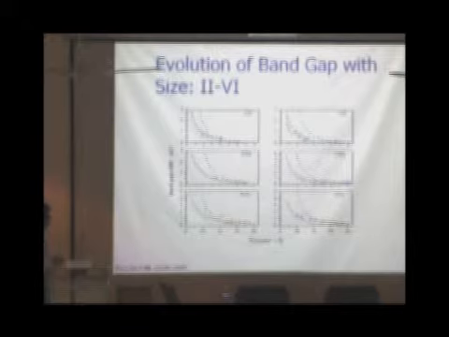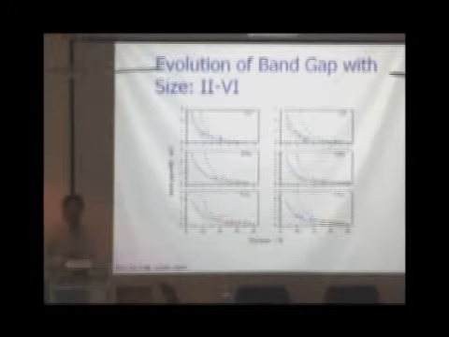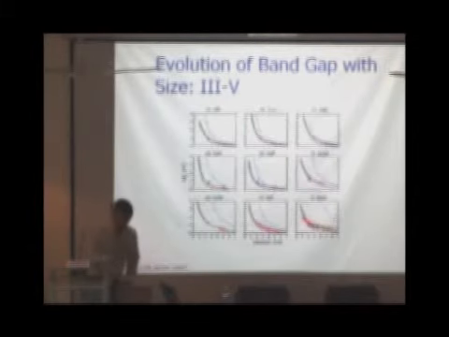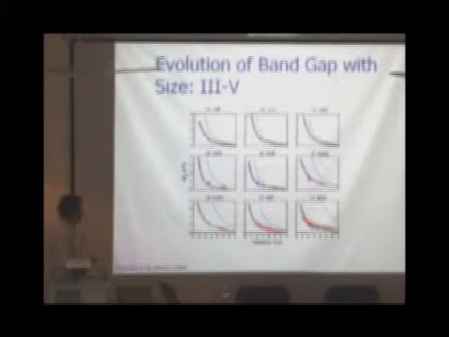And somebody else prior to us had managed some different kind of model that comes pretty close to what we have done, but not exactly as close in all the cases. That's how you describe the variation of band gap with size for various semiconductor nanocrystals, 2-6s, 3-5s. Very important ones are all here.